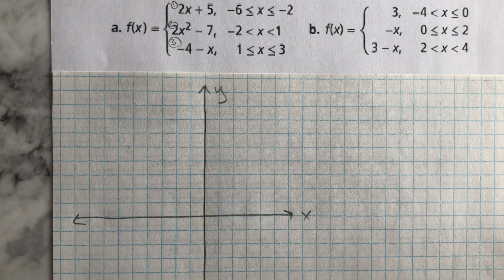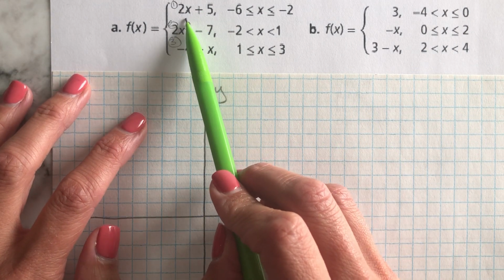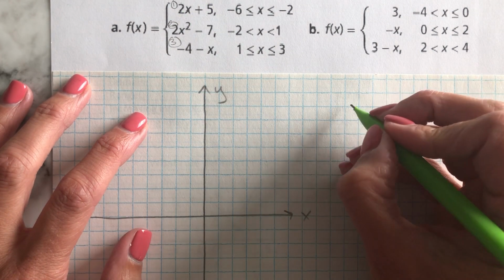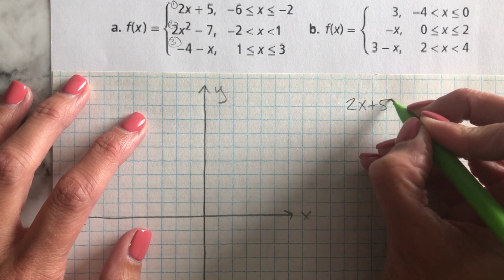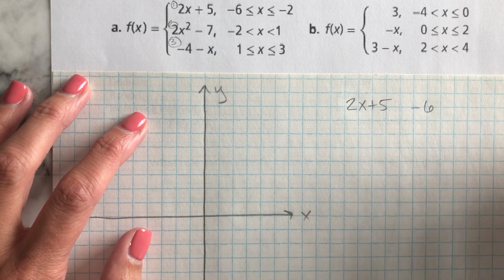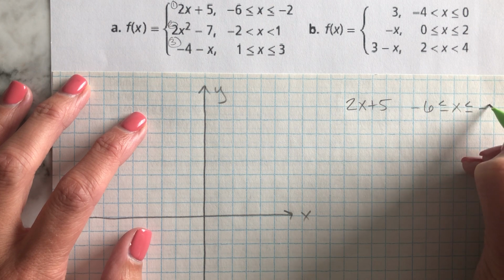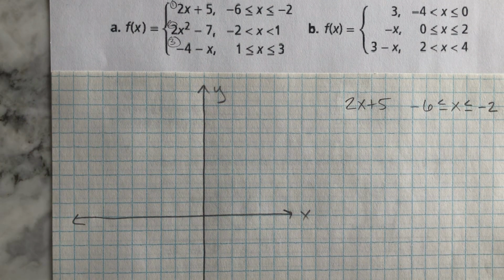All right, I'm going to start by doing the first piece, the 2x plus 5 for -6 less than or equal to x less than or equal to -2. Your first step is to determine what the x values are. Where is this going to end on either side?